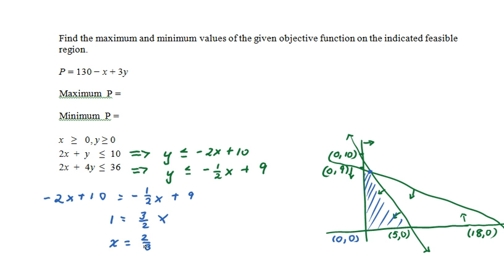And when x equals 2/3, we can get that y equals negative 2 times 2/3 plus 10, which is negative 4/3 plus 30/3, or 26/3, which is 8 2/3.